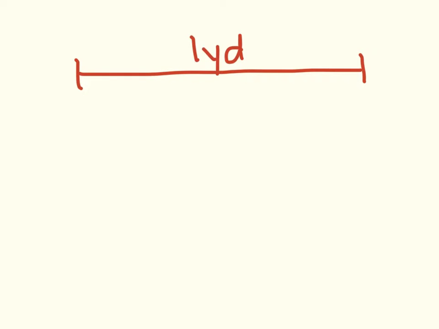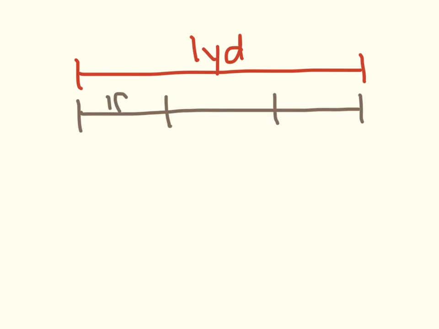Now, right below that, the exact same distance, I'm writing it in a different color just so you can see it. That is 1 foot, 1 foot, 1 foot, because 3 feet equals 1 yard.